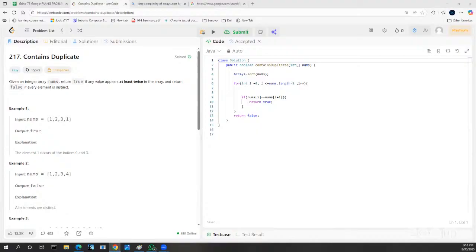There are some sorting algorithms, for example bubble sort, selection sort, or insertion sort, which we implement on our own. They could take big O n square, but the built-in function that we are using takes n log n time complexity.